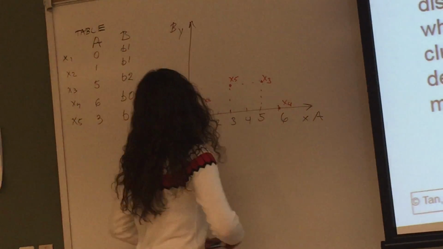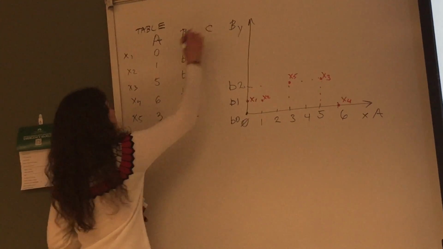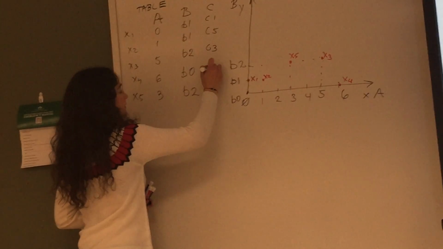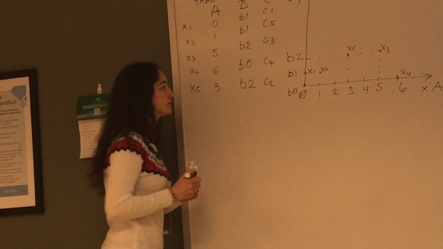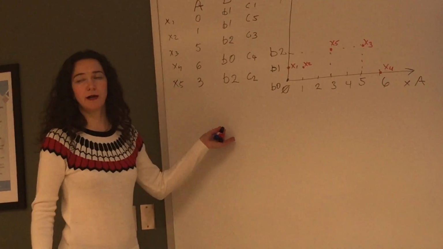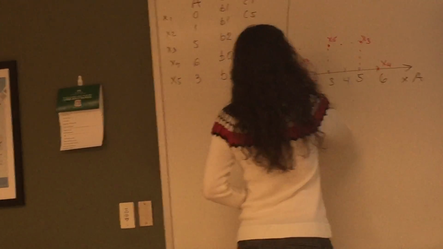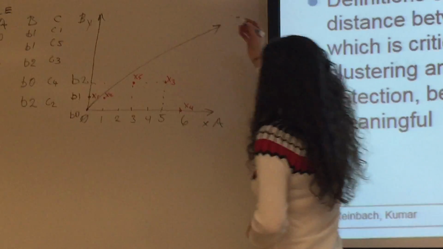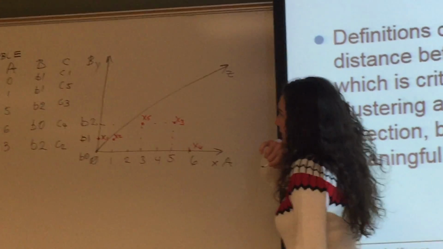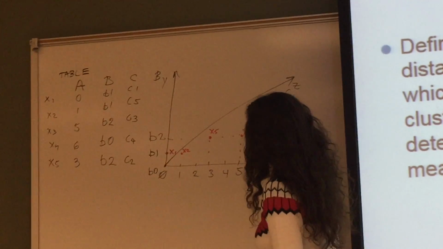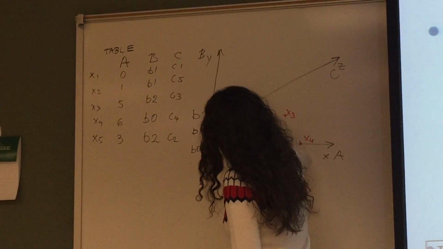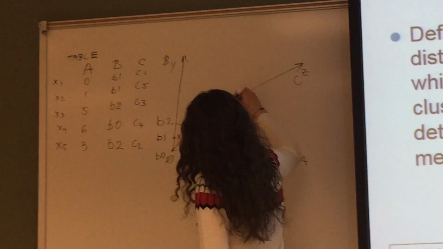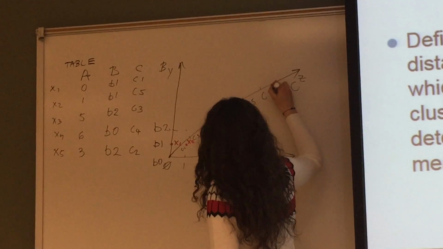If we have attribute C, C1, C5, C3, C4, C2, then we have to show the values of C. So we're gonna have a third dimension, Z. And then here we will plot the values for C. So it will be C1, C2, C3, C4, C5, C6.